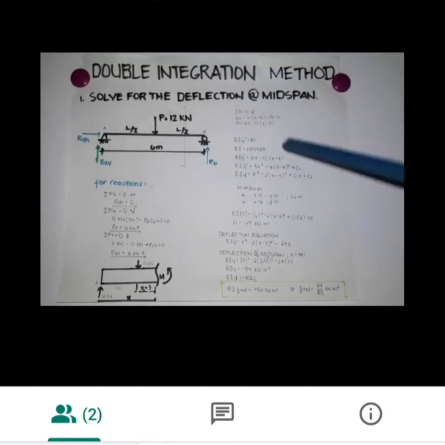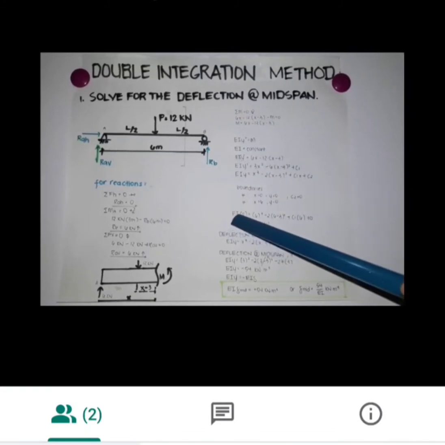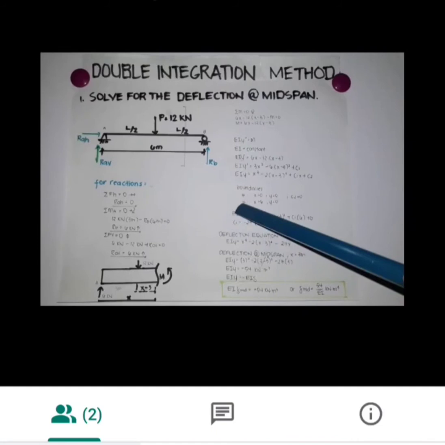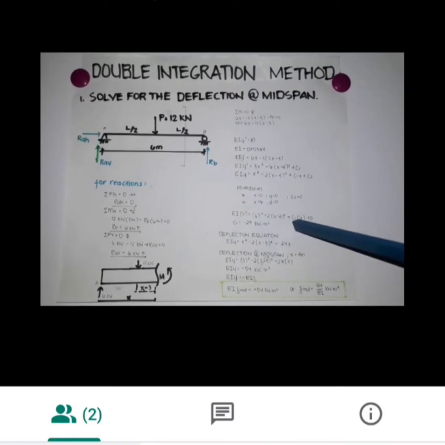Pag sinubstitute natin siya dito, wherein c2 is equal to 0, ang kuha natin is EI y, 0, is equal to 6 cubed minus 2(6 minus 3) raised to 3 plus c1 times 6 plus 0.